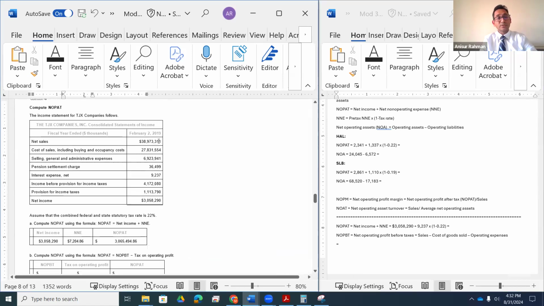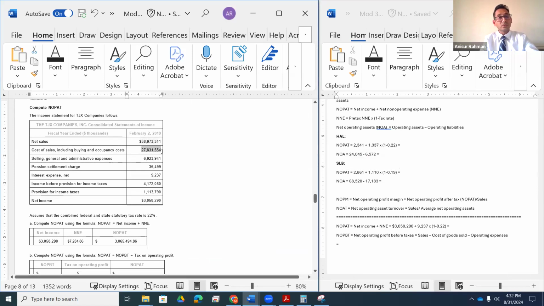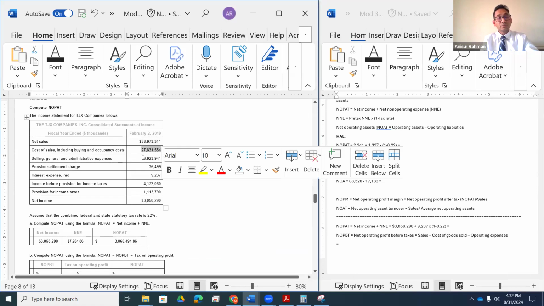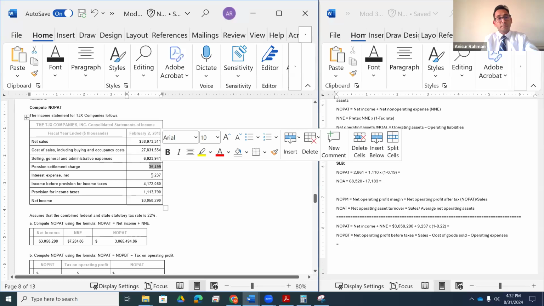so we subtracted cost of goods sold from sales. We subtracted selling, general, and admin, which is also operating expense, pension operating expense. But interest expense is not.